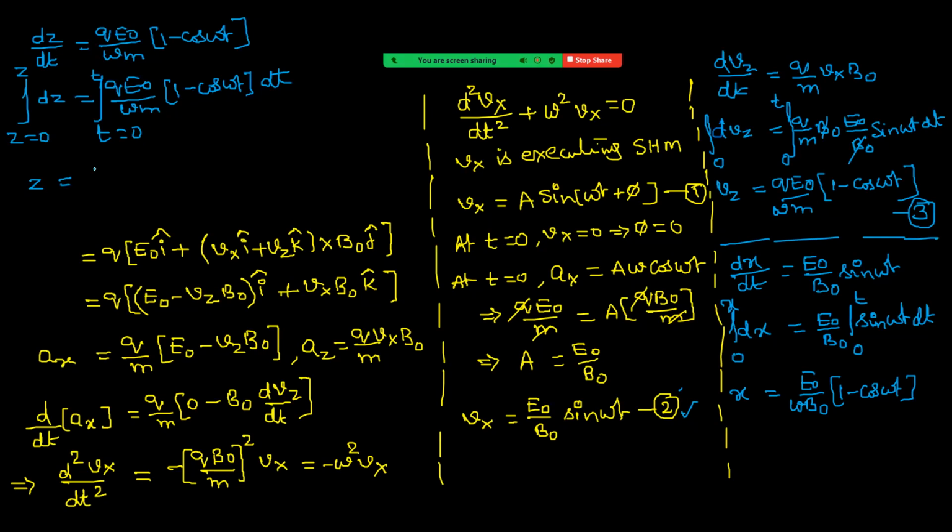T minus, I'm taking q E naught by omega m outside. Remaining is now t minus sine omega t by omega. Now take limits 0 to t.